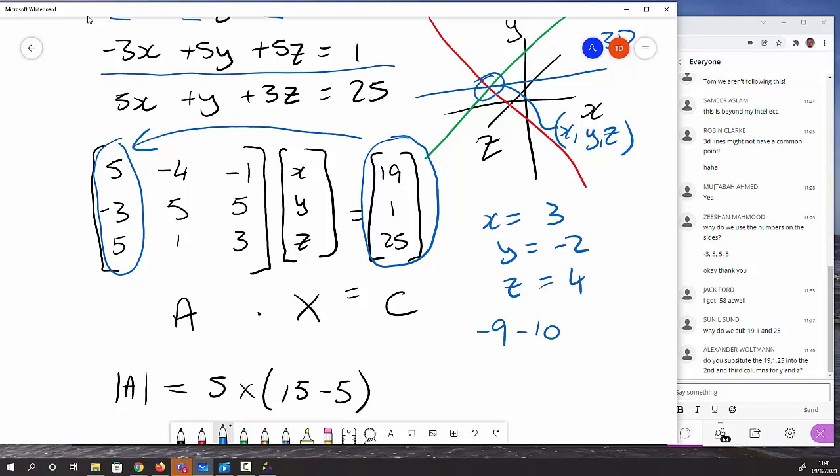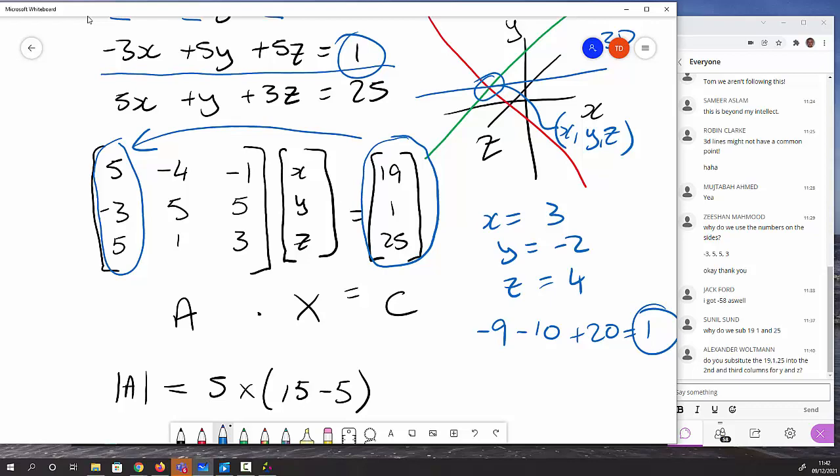And then z is 4, so 5 times 4 is +20. Okay, -9 plus 10 is 1, plus 20... and that equals 1. There's a 1, and there's a 1. Okay, so that's my sanity check. I've put my values for x, y, and z into one of the equations. If you wanted to be really careful, you could put them into all the equations, but I'm confident now that these are the correct answers.